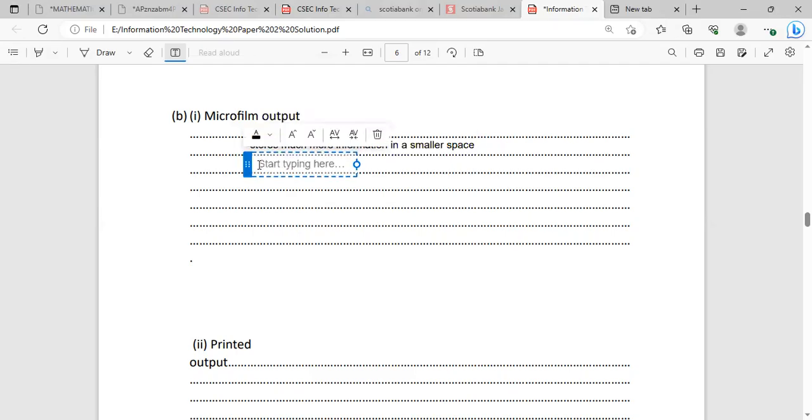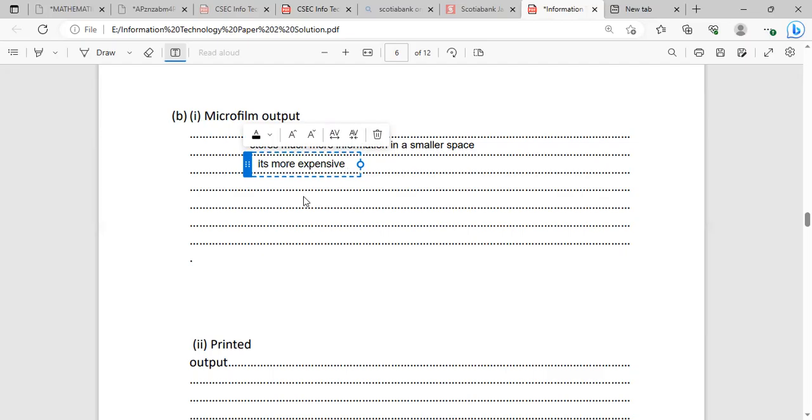Let's look at the disadvantage now. The disadvantage of the microfilm is that it is more expensive. So guys, these are some of the things that CSEC will ask you and they expect you to answer.